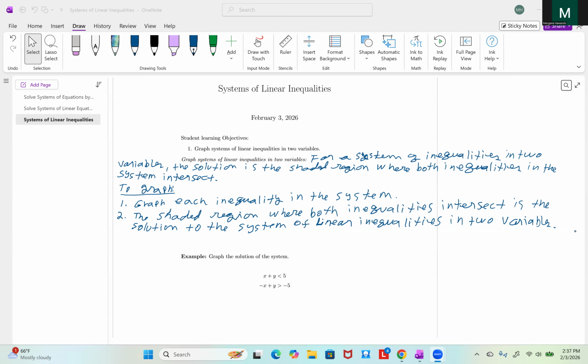To graph the system, we first graph each inequality in the system. The shaded region where both inequalities intersect is the solution to the system of linear inequalities in two variables.